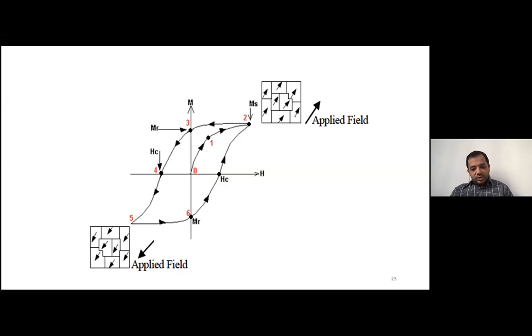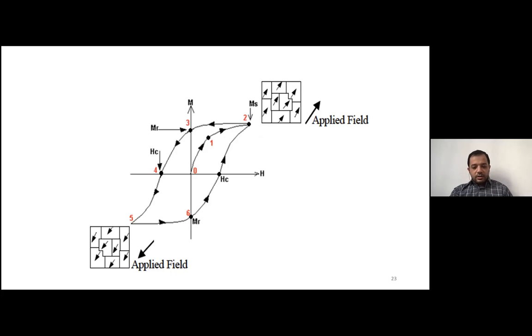Now, if we decrease the field to 0, there will be some sort of magnetization left in the material, just like the example of the nail that I talked to you about, and that is MR, remanence magnetization. That is where the field is zero, but you still have some sort of magnetization.